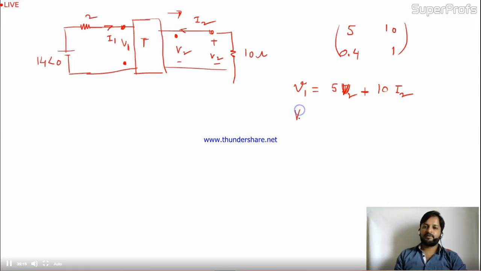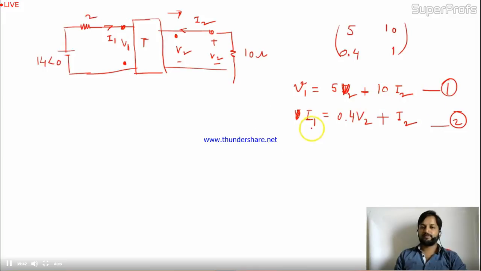Now come to the I1. I1 is C V2, 0.4 V2, again plus sign, and D I2. Two equations you are having, 1 and 2: V1 equal to 5 V2 plus 10 I2, and I1 equal to 0.4 V2 plus I2.